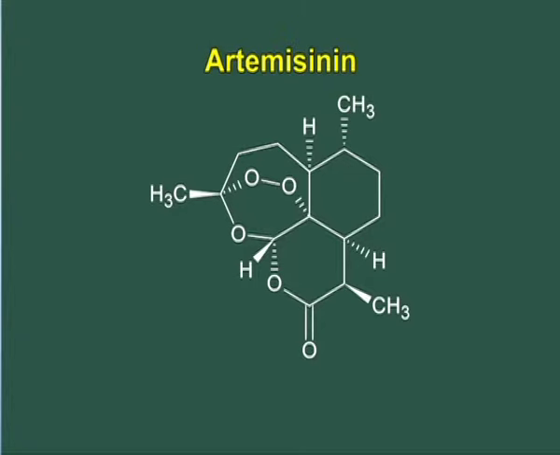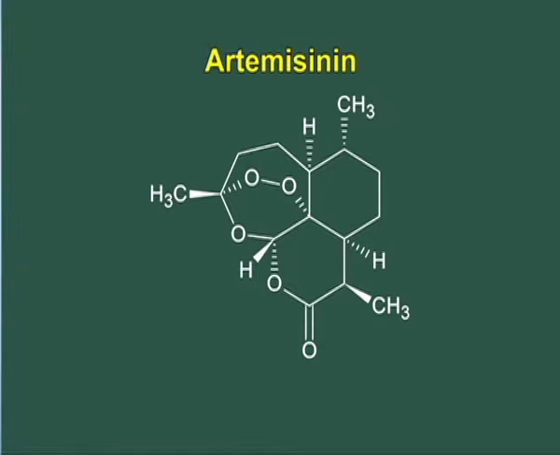It consists of a tetracyclic structure with a trioxane ring and a lactone ring. The 1,2,3 trioxane ring has greater potency than artemisinin, but it lacks stability in vivo. Unlike other antimalarial drugs, it does not contain a heterocyclic ring with a nitrogen atom.